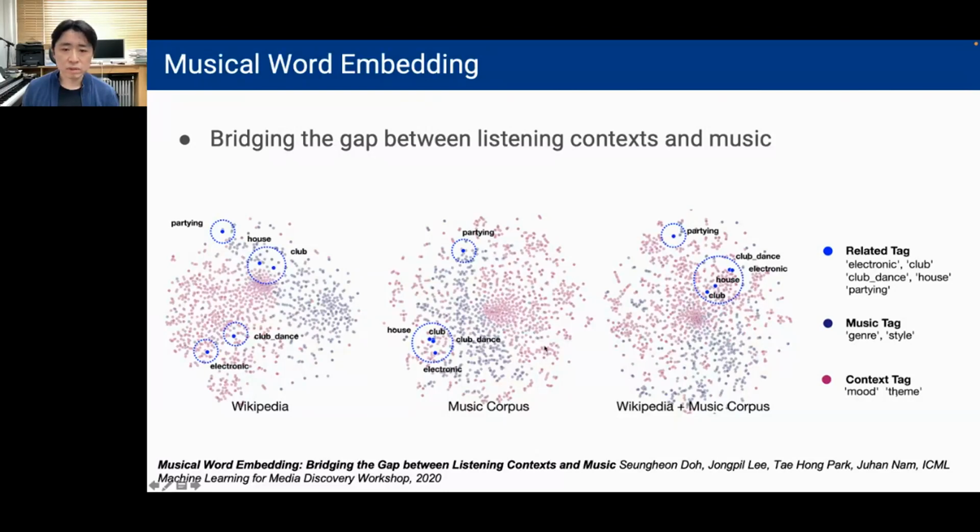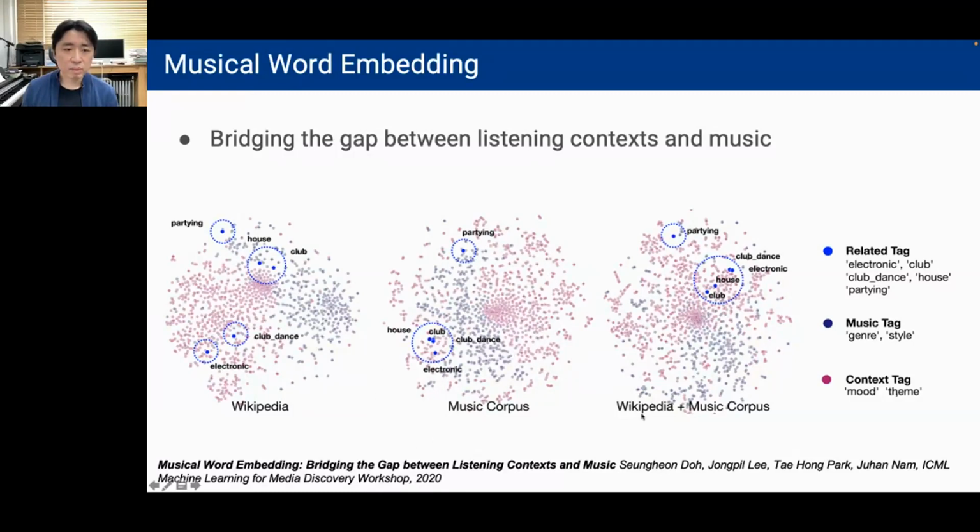But in the music corpus, the two genre terms, house and electronic, and also club and club dance are tightly clustered, while partying is significantly beyond the cluster centroid.